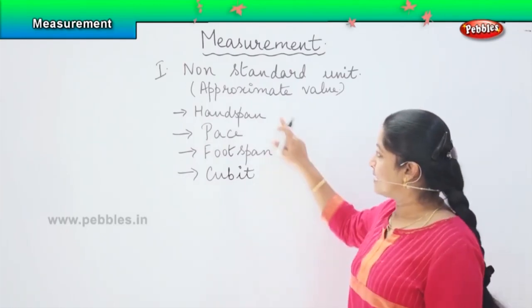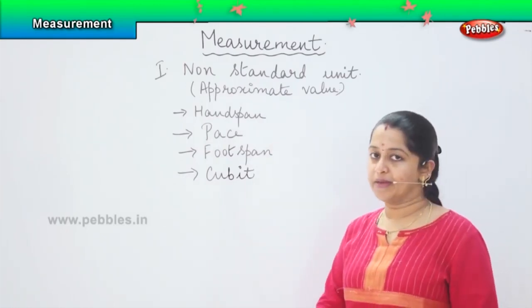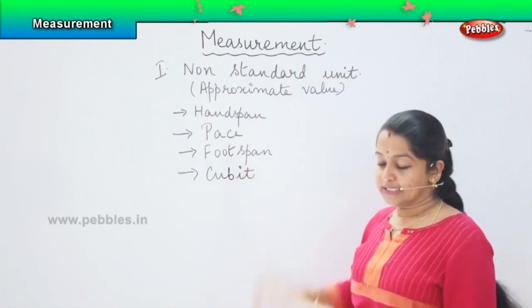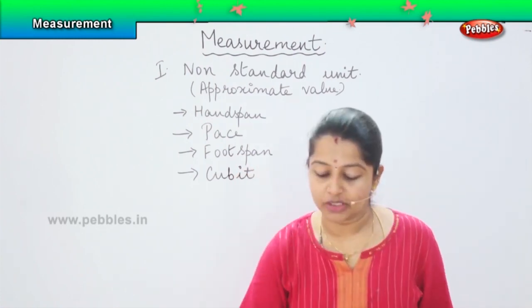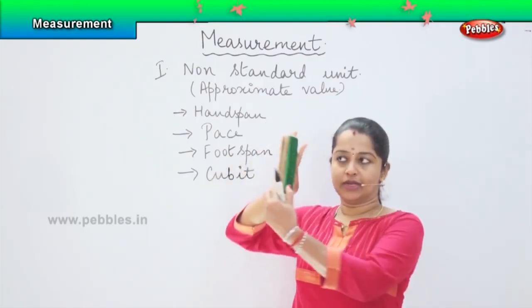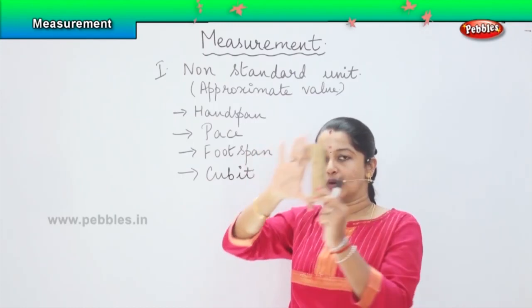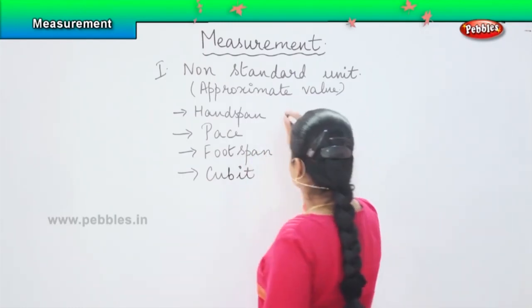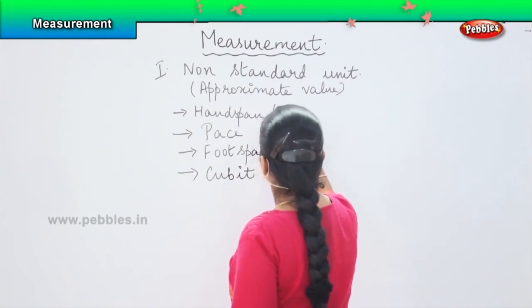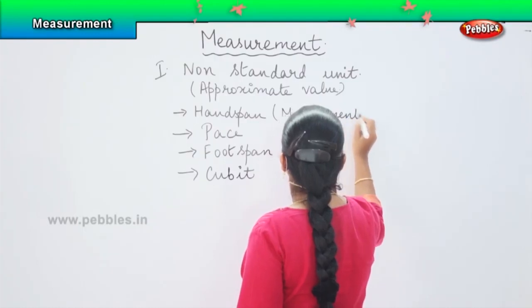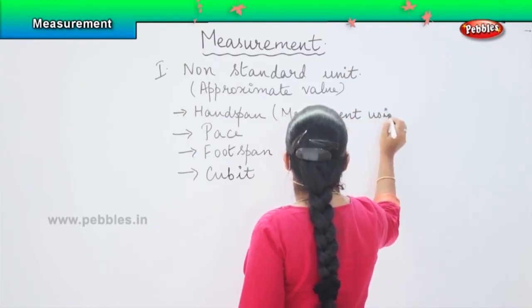As the name suggests, handspan. What do you mean by handspan? Something which we measure using our hand. Say for example, I need to measure the weight of the duster. How will I do it? I will measure it with my hand. So it comes to 1 handspan, right? So handspan is nothing but measurement using hands.